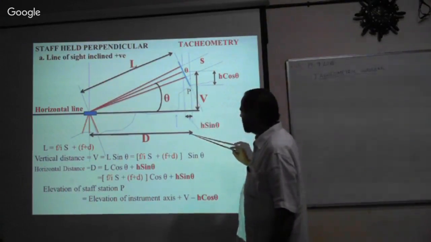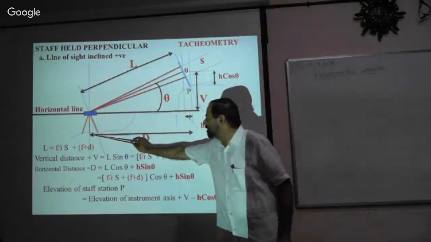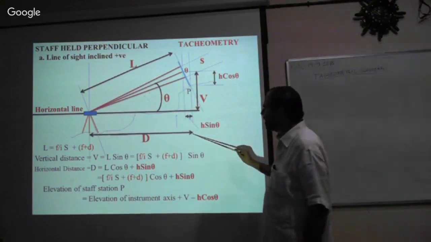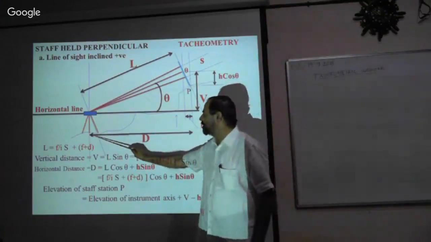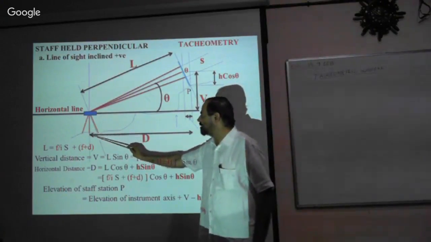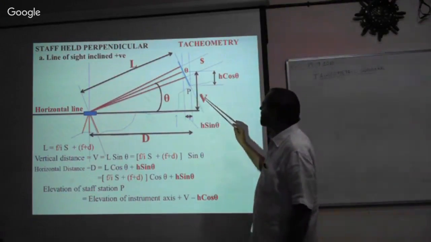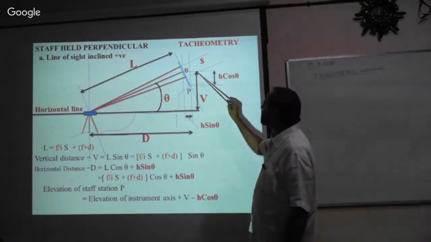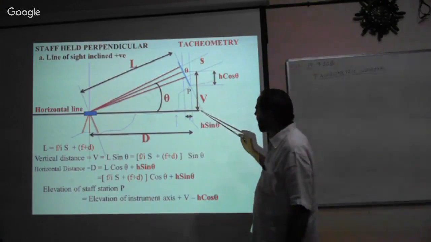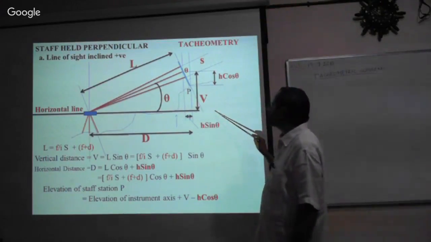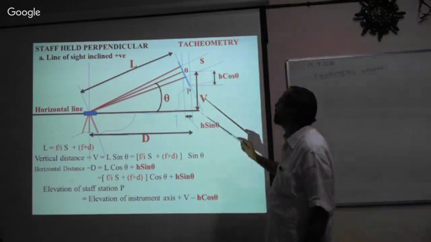From here to here it is D, the horizontal distance between the instrument axis and the staff station. And the distance between the central hair reading and the horizontal line of sight, that is the instrument axis, is V.